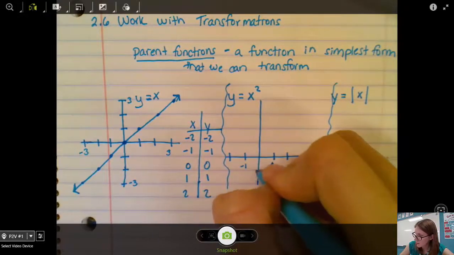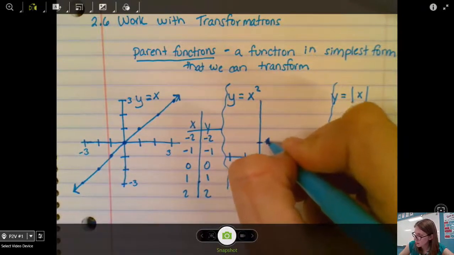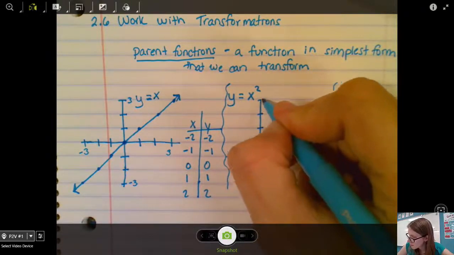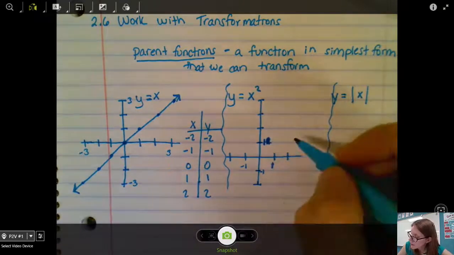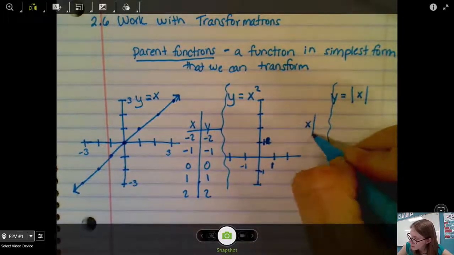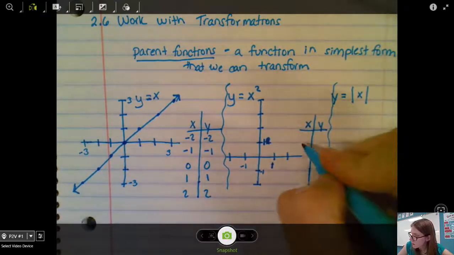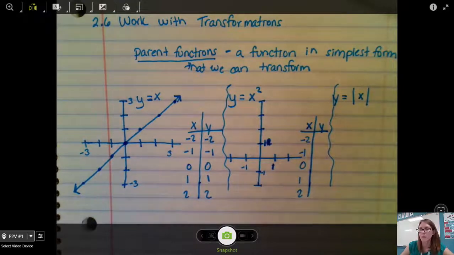Okay, and then my table of x and y values to go along. And again, we'll use -2, -1, 0, 1, and 2 for x values.